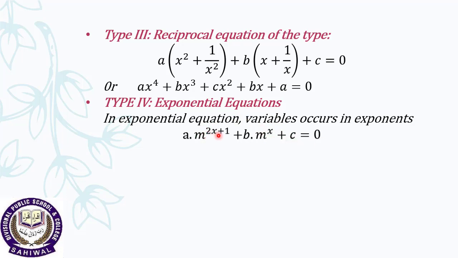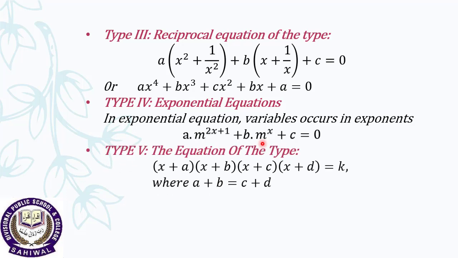This exponent x can be written in any polynomial form. Here a, b, c and m are real numbers. The next type of the equation is x plus a, x plus b, x plus c, x plus d is equal to k. In this equation, a plus b should equal to c plus d.